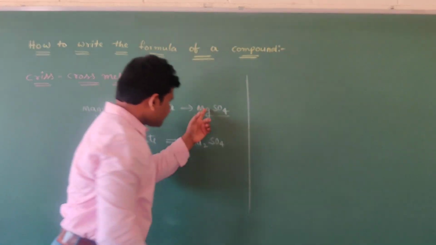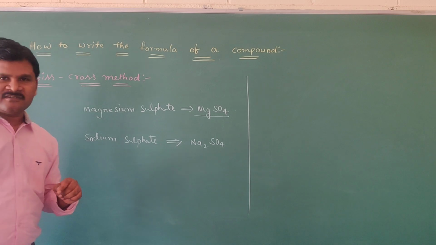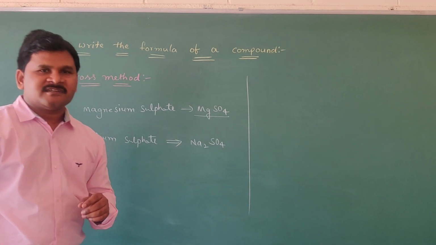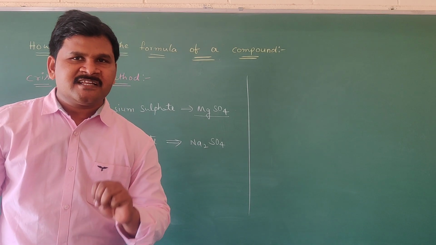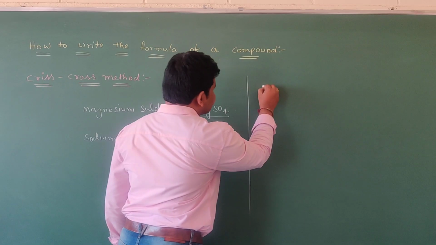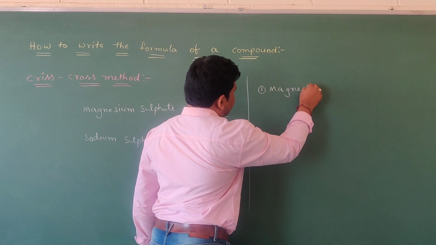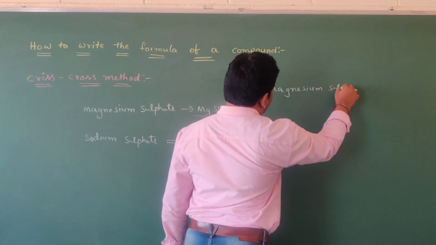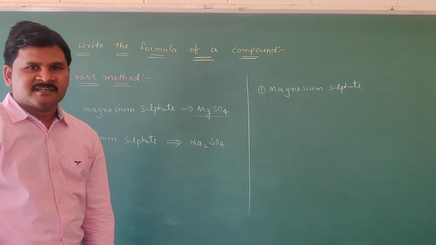The formula of these compounds we can write based on the criss-cross method. To use the criss-cross method, we require three simple steps. Consider the first example, magnesium sulfate.